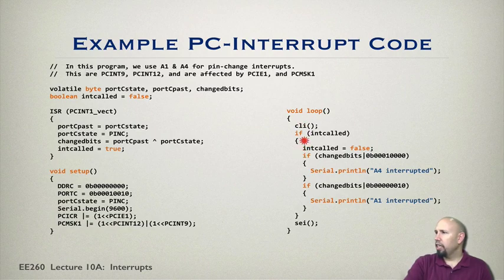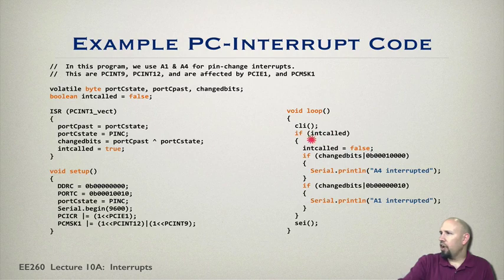In my loop routine, notice the way I do this loop, I'm actually going to clear the interrupt. That is, I'm going to disable the interrupts, then I'm going to reset the interrupts. While all this stuff is happening, I'm going to disable the interrupts, so if an interrupt occurs, it's ignored.